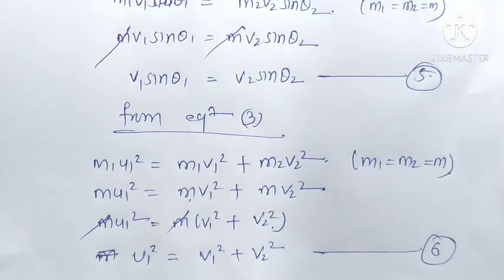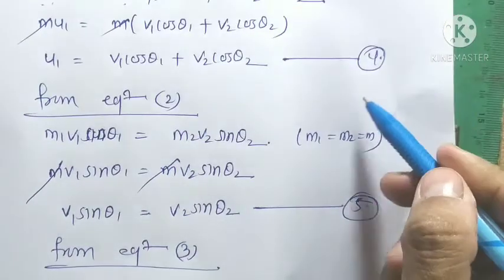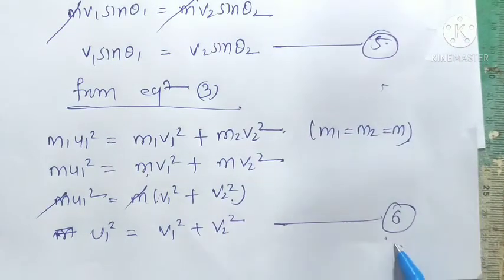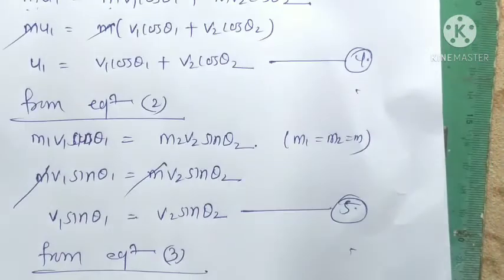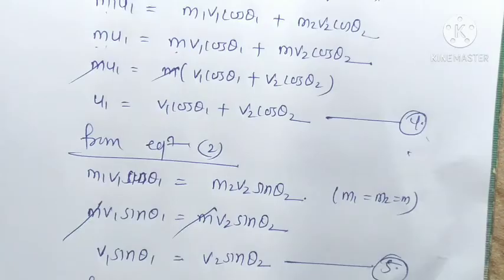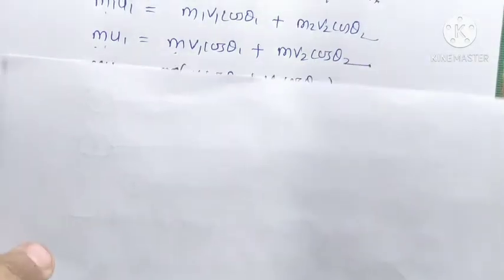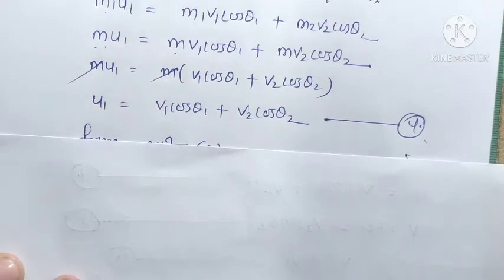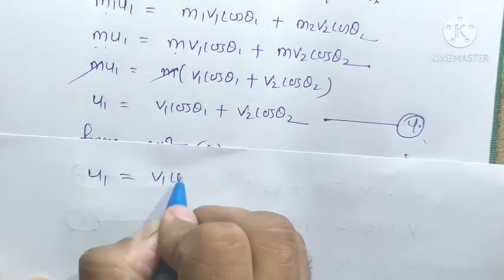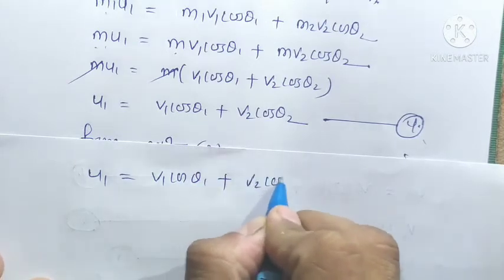So now we have 3 equations: equation number 4, equation number 5 and equation number 6. Firstly we write all these equations. Equation number 4 is u1 = v1 cos theta 1 + v2 cos theta 2.